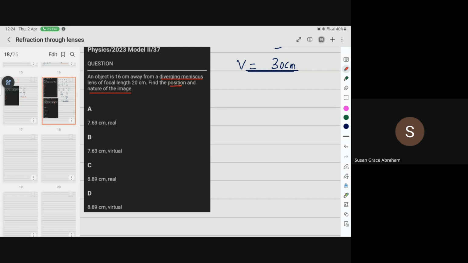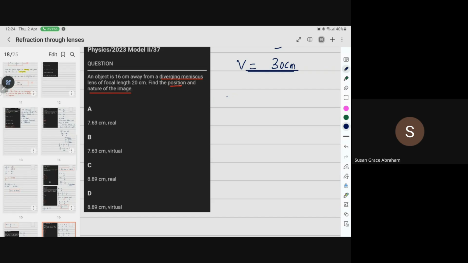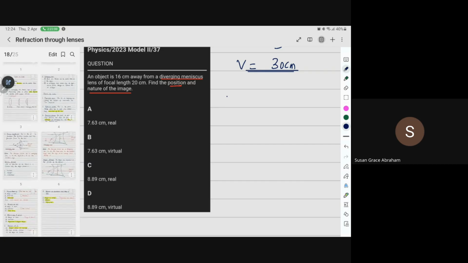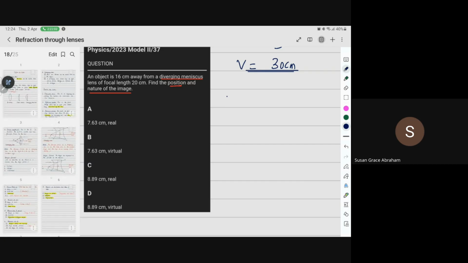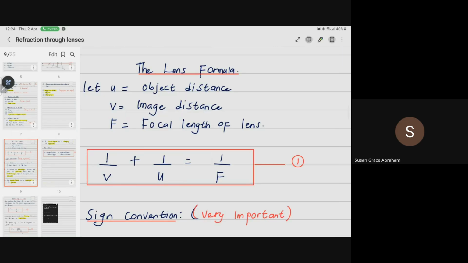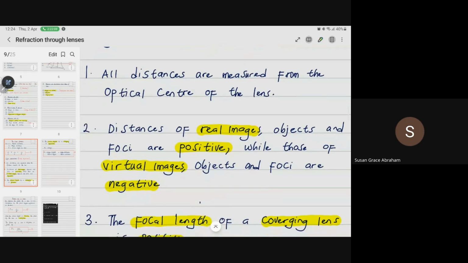Now, first off, there's a statement I want you all to look at before I proceed. It's very important regarding our formula. So what did we say? We said that all distances are measured from the optical center of the lens.